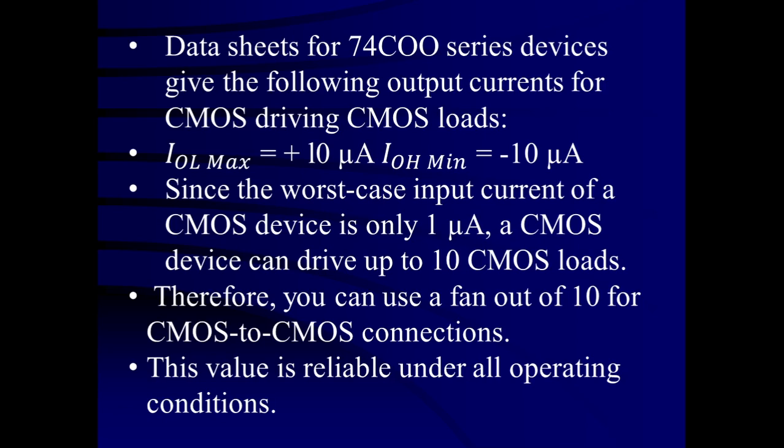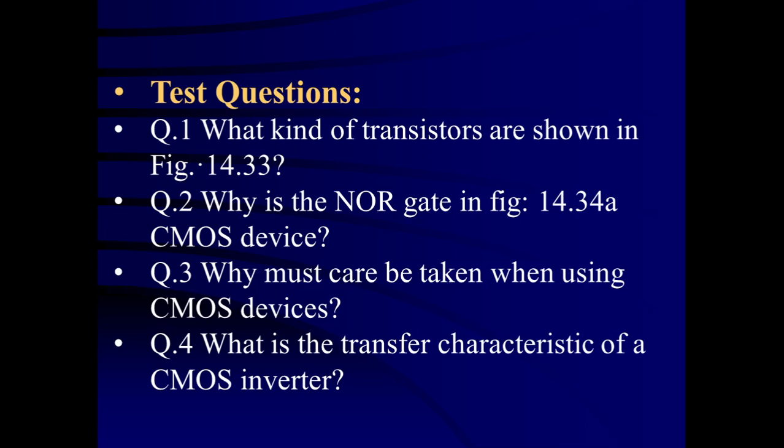Therefore, you can use a fan out of 10 for CMOS to CMOS connections. This value is reliable under all operating conditions, that means with different values of VCC as well as different temperatures. It is guaranteed operation by the manufacturer.